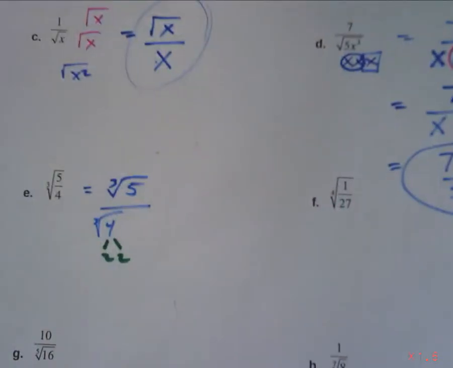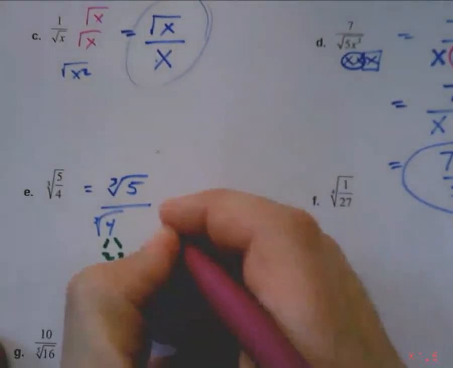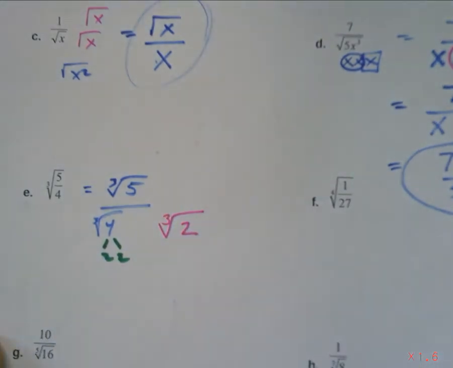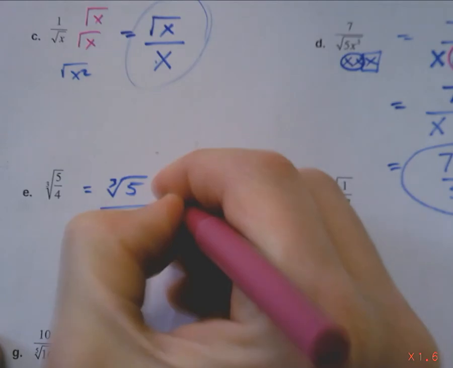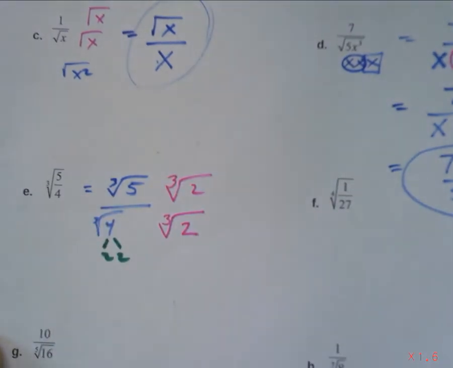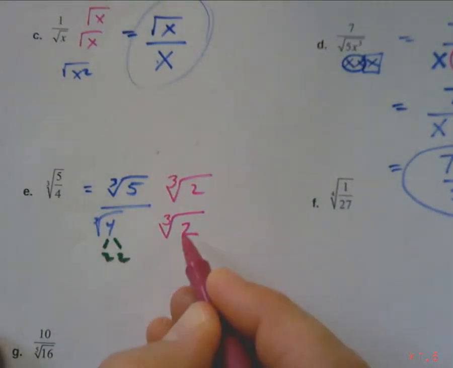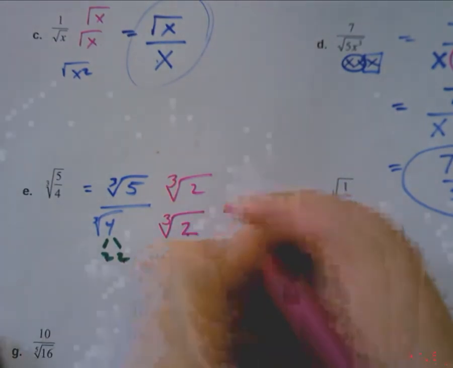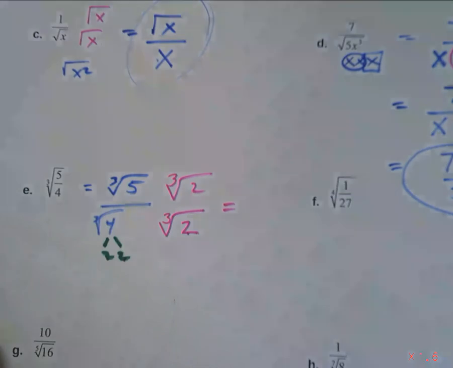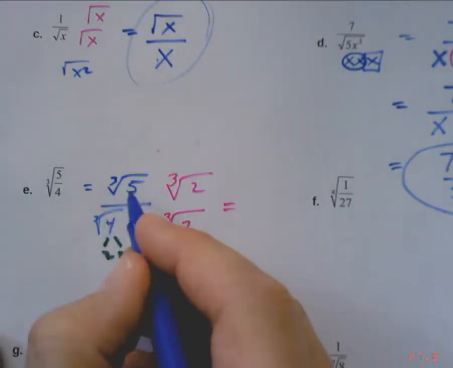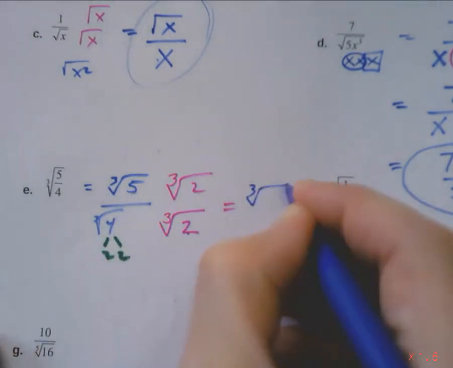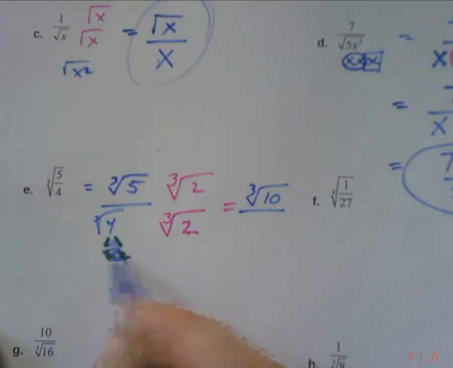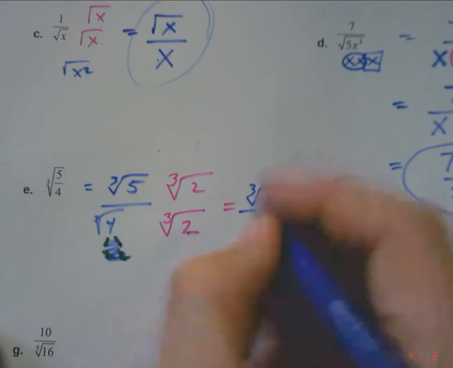So that's how I rationalize a cube root. If I multiply top and bottom by the cube root of 2, that's going to give me 1, 2, now 3 2s. So on top, I get the cube root of 5 times 2, which is the cube root of 10. And now on the bottom, 4 times 2 is 8.